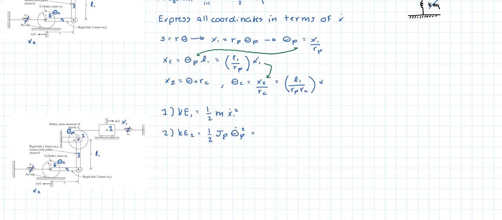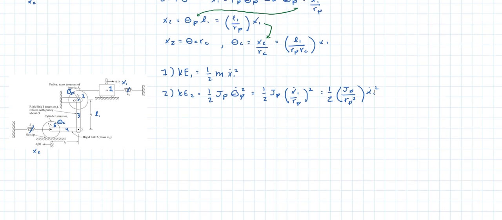So let's substitute: 1/2 J sub p x dot 1 over rp squared. So that's equal to 1/2 times J sub p divided by rp squared, multiplied by x dot sub 1 squared.